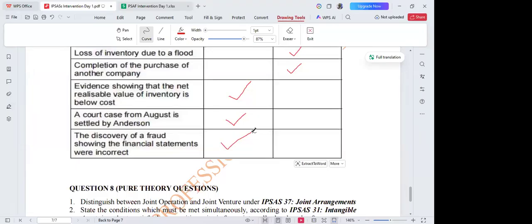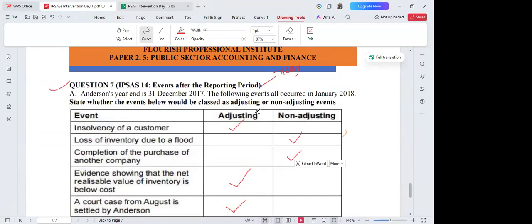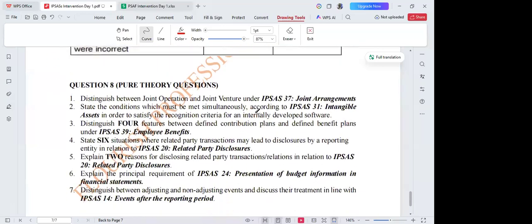Okay, so you're right. This is an adjusting event. The values are used for the financial statements. If you realize that it's incorrect after the year end, it's definitely an adjusting event. You need to adjust for that and correct it. Okay, so that's question 7.